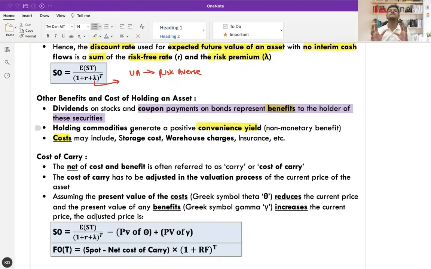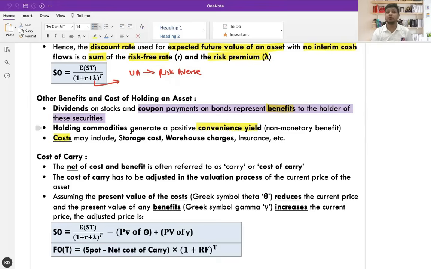Because you are physically holding it as of now, you are saved from that volatility in prices. And in the future, you can sell it at a higher price. So right now, you may not have sold it, or you may not need to buy it. But in the future, when you sell it and the prices are increasing, there is a potential benefit.